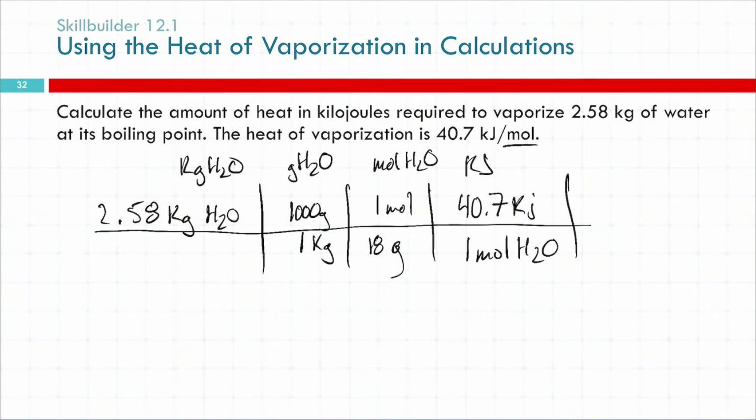So let's crunch the numbers. 2.58 times 1,000 times 40.7 divided by 18. And since I used 18, we're going to use two significant figures, and we're going to get 5.8 times 10 to the 3 kilojoules, which is a lot of energy. So 5.8 times 10 to the 3 kilojoules to vaporize this 2.58 kilograms of water.